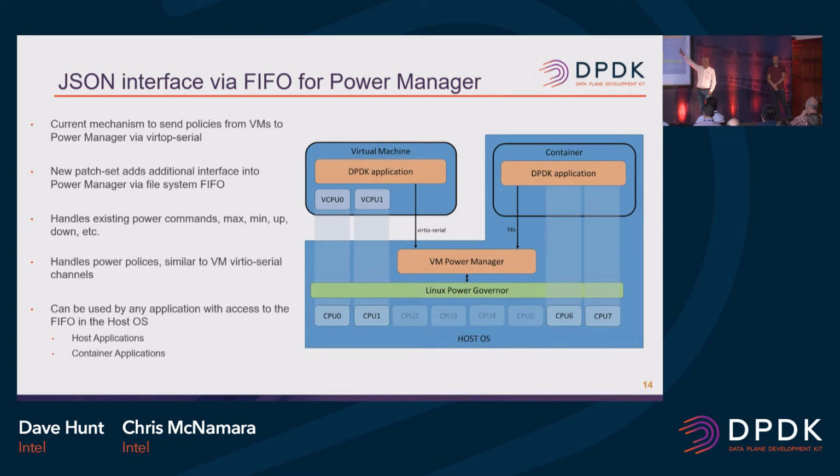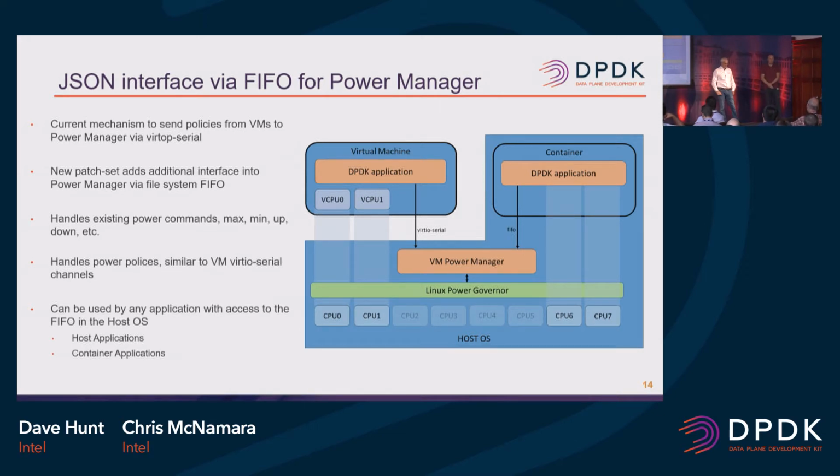If it's a DPDK application, it's going to be pinned to cores on the system. So the policy that comes down through the FIFO has an array of core numbers. Sure, but that comes from an untrusted application. Yeah, and that's what I was trying to get at: the VM Power Manager, as that central entity, can decide to ignore or disregard that request from the container.